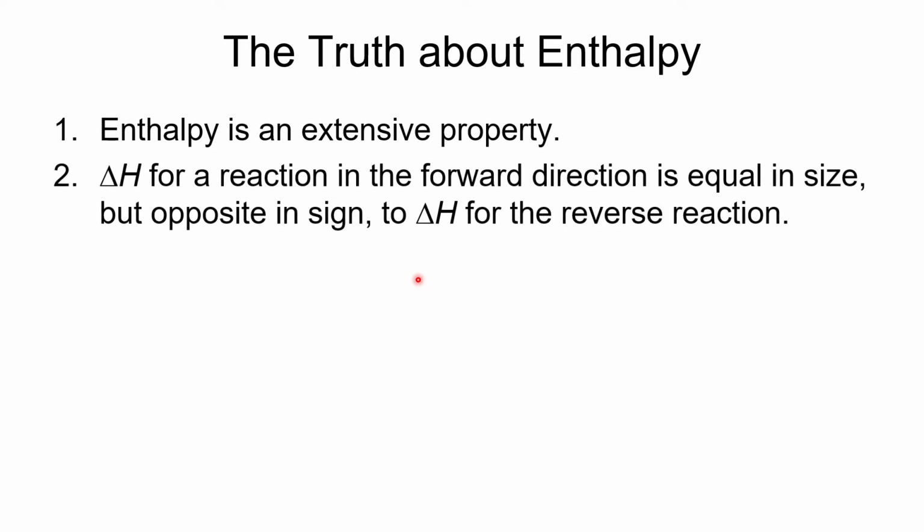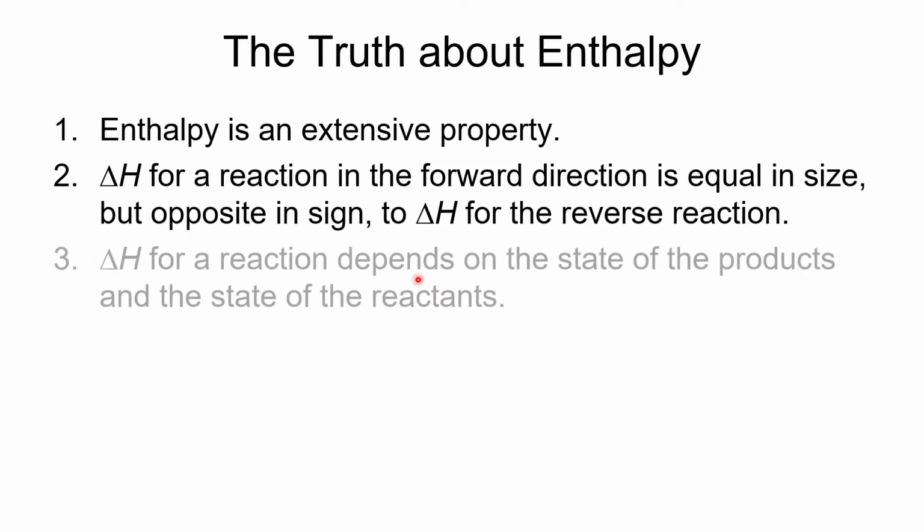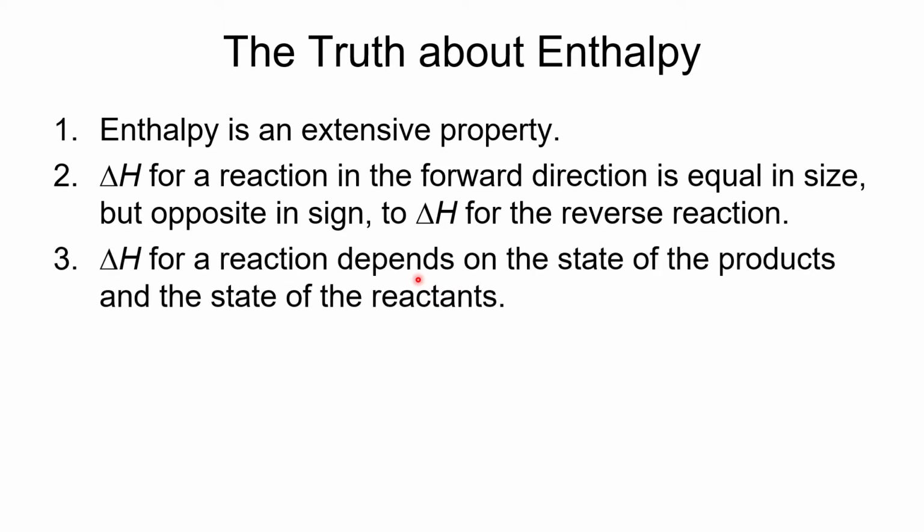Second, and we've already seen this, delta H for the reaction in the forward direction is equal in size but opposite in sign to delta H for the reverse reaction. And then next, delta H for a reaction depends on the states of the products and the states of the reactants.